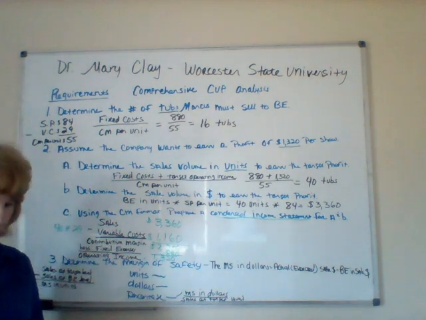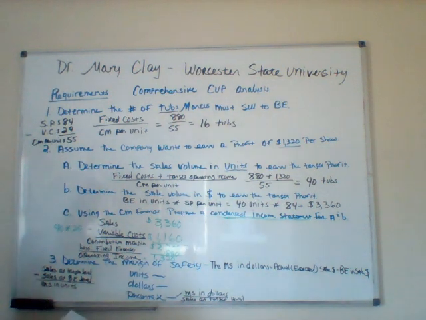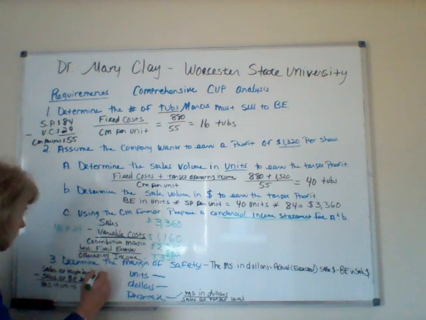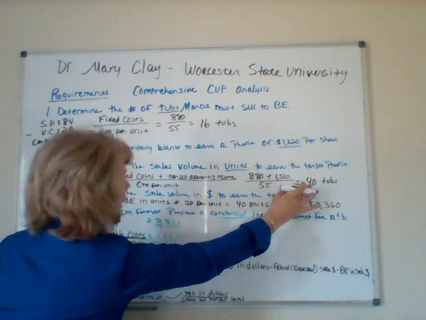Okay, so the margin of safety in dollars. Let's do the margin of safety in units first. I'm going to put the 40. So remember where we got the 40. We got that right over here.